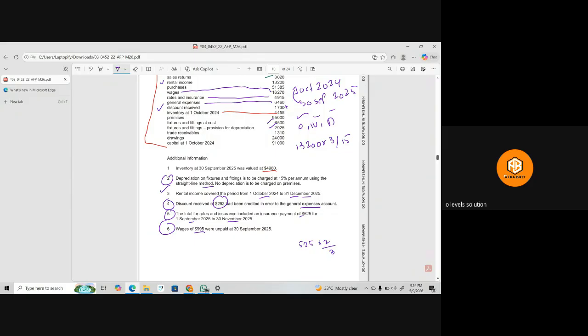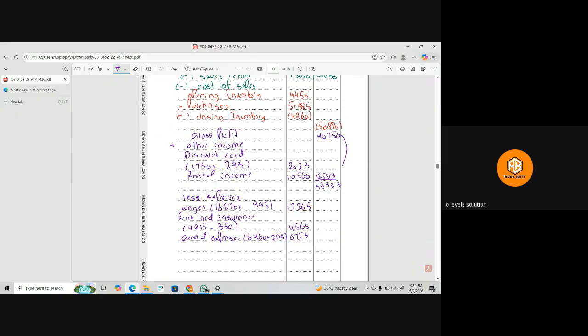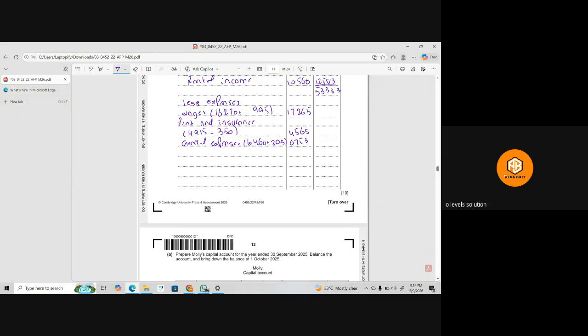So we get the answer. 6,500 multiply 15% is equal to 975. Now we need to add the expenses.